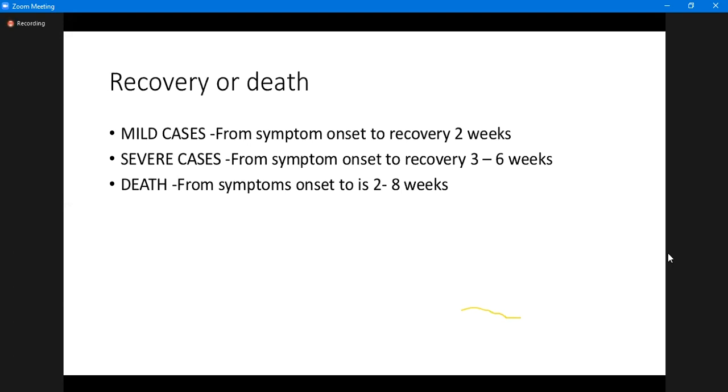That is how we see all these Navy personnel who have recovered and are sent home. Severe cases, we know that there are so many cases still being hospitalized, right? 3 to 6 weeks from onset to recovery. Death can occur from 2 to 8 weeks, till about 2 months later even a person can die. So it's a really prolonged course.